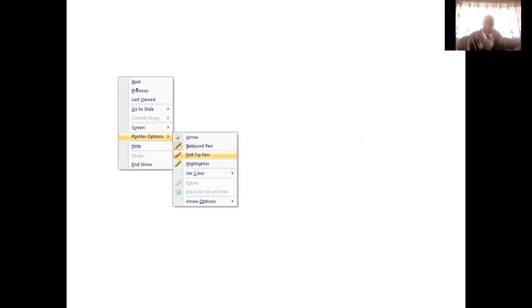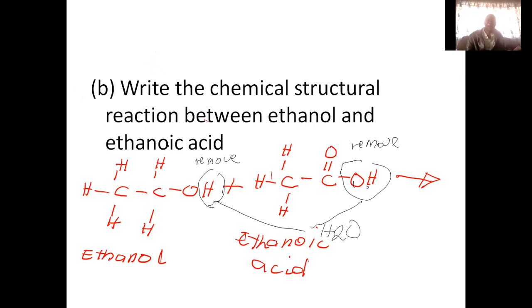So what you are going to have is that we had our alcohol, hydrogen, hydrogen, here there is hydrogen, and there is hydrogen, and there is hydrogen. But remember, here we removed the hydrogen from the alcohol.